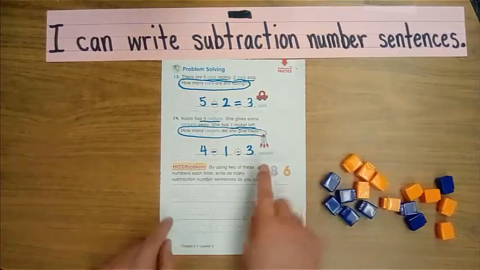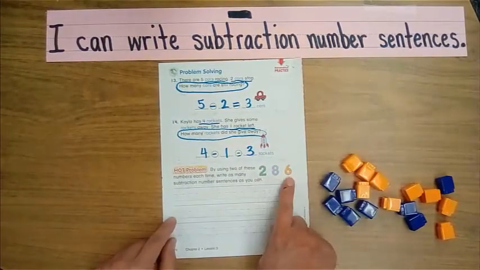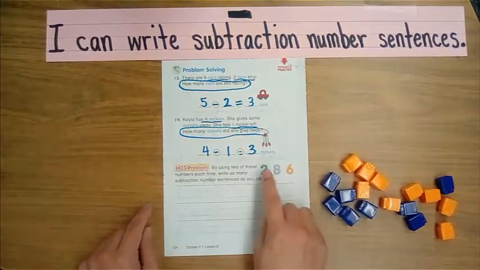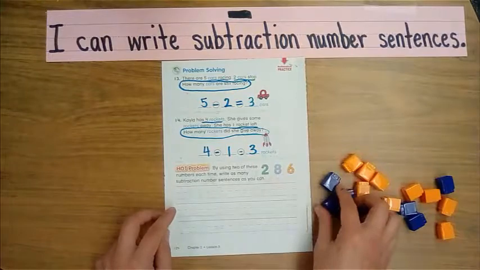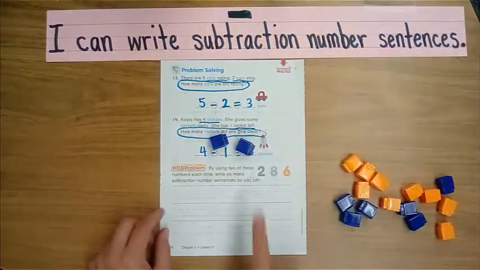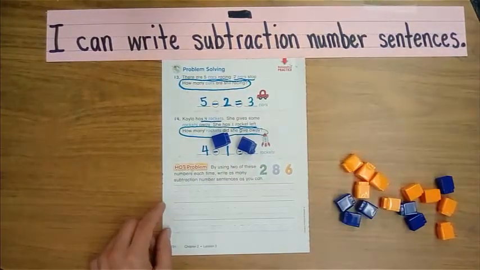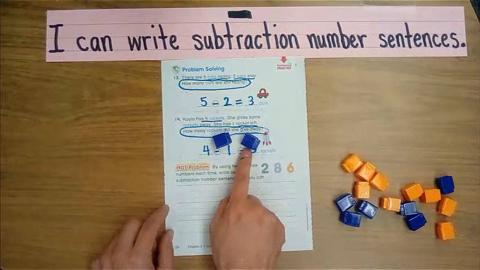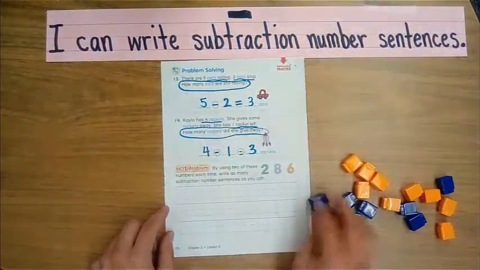Well, I can use my blocks, so I can only use 2, 8, and 6. So can I say 2 take away 8? Can I take away 8? No, I can't use that. How about 2 take away 6? Can I take away 6 from there? No. Okay, so 2 can't be in the front.